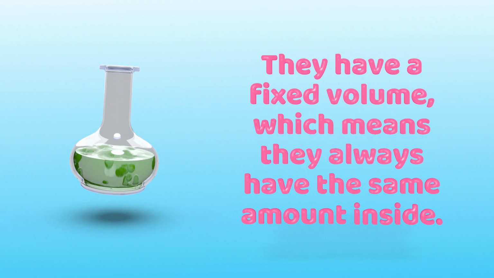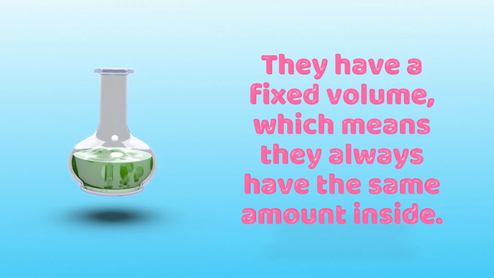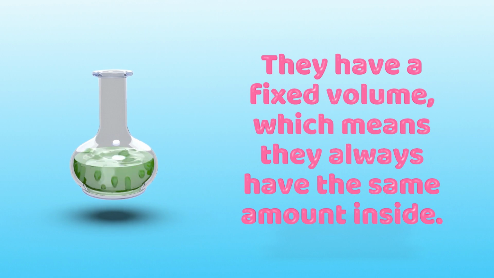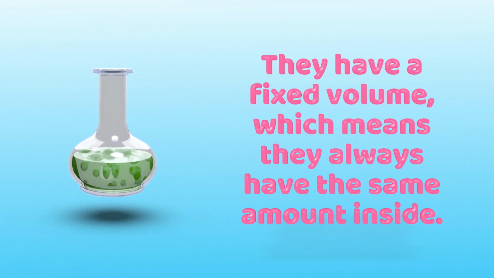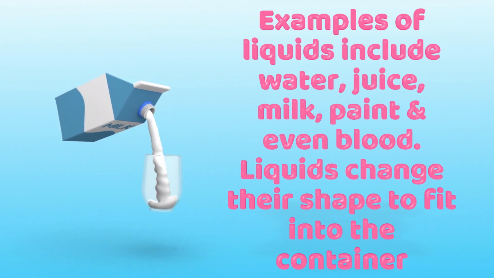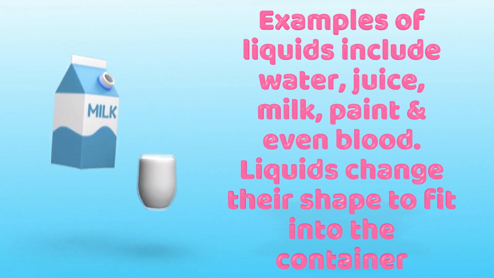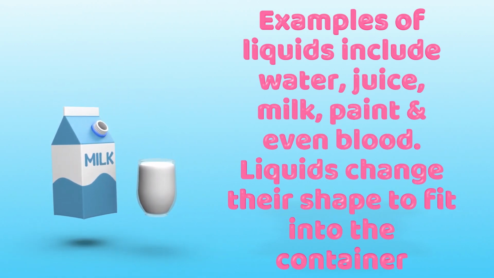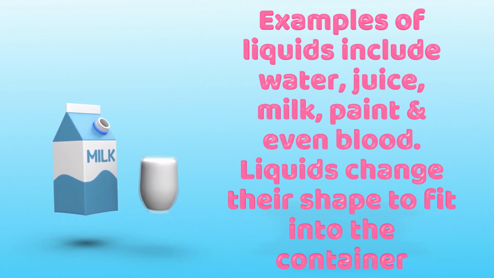Usually, things in liquid state have a fixed volume, which means that they always have the same amount inside the container. Examples of liquid state include things like water, juice, milk, paint, and even blood. Usually, liquid change their shape to fit the container.